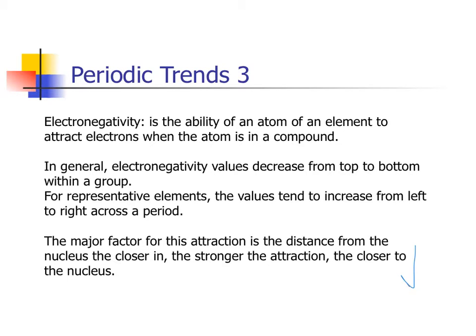As the atomic radius gets bigger going down a group, the electronegativity decreases. So those values are inversely proportional.